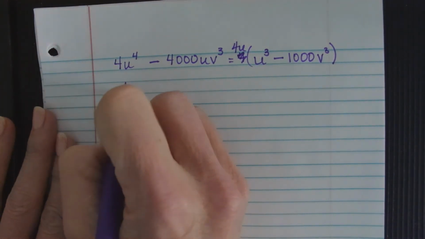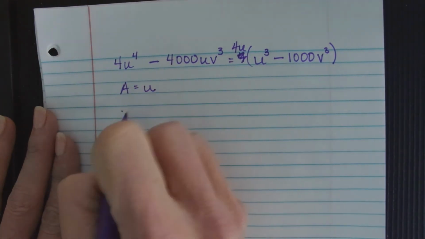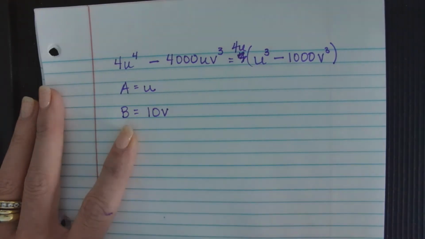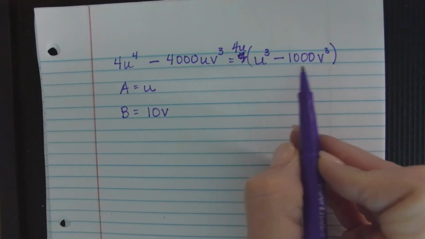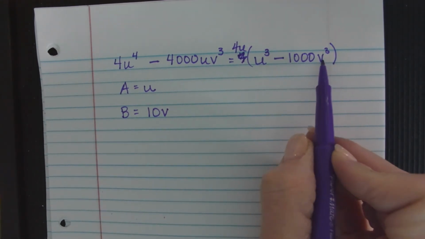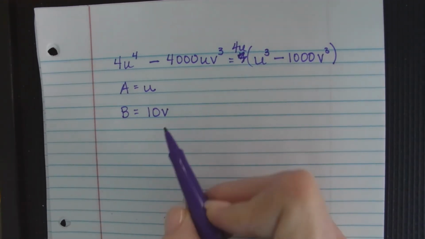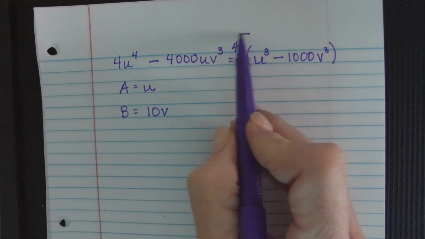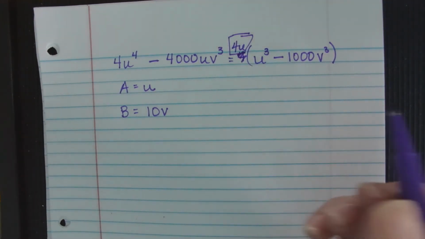So your A is going to be u, your B is 10v. The cube root of 1,000 is 10, cube root of v to the third is just v. They did this part for you. Now all you do is plug it in.